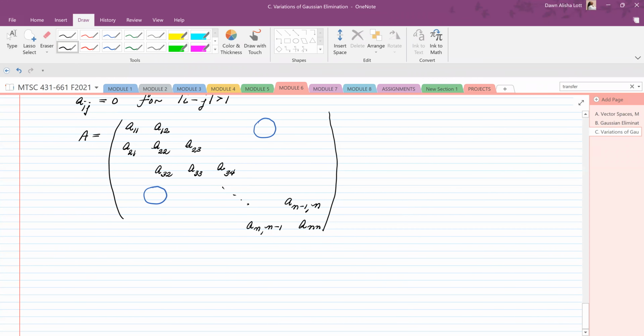Now, tri-diagonal matrices occur in a variety of applications. So the main one being boundary value problems.